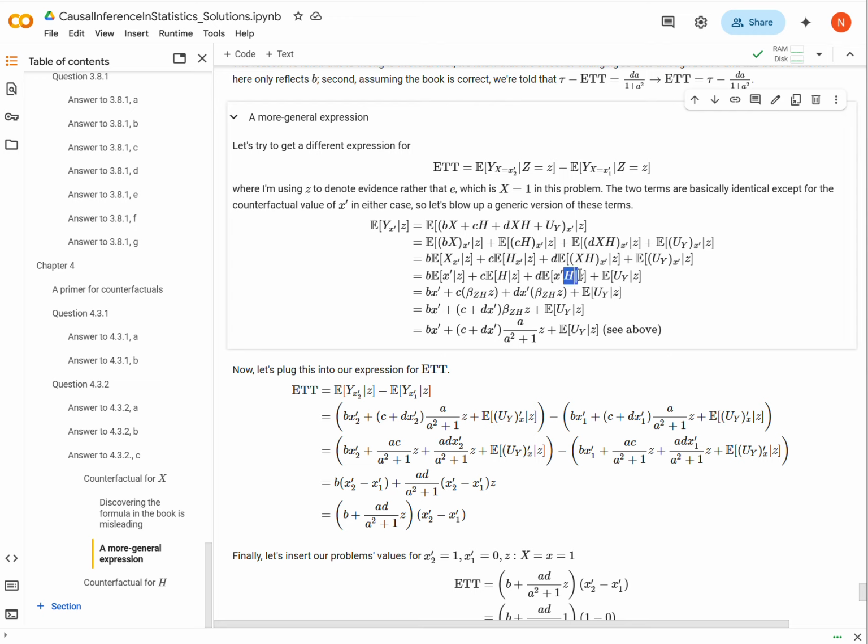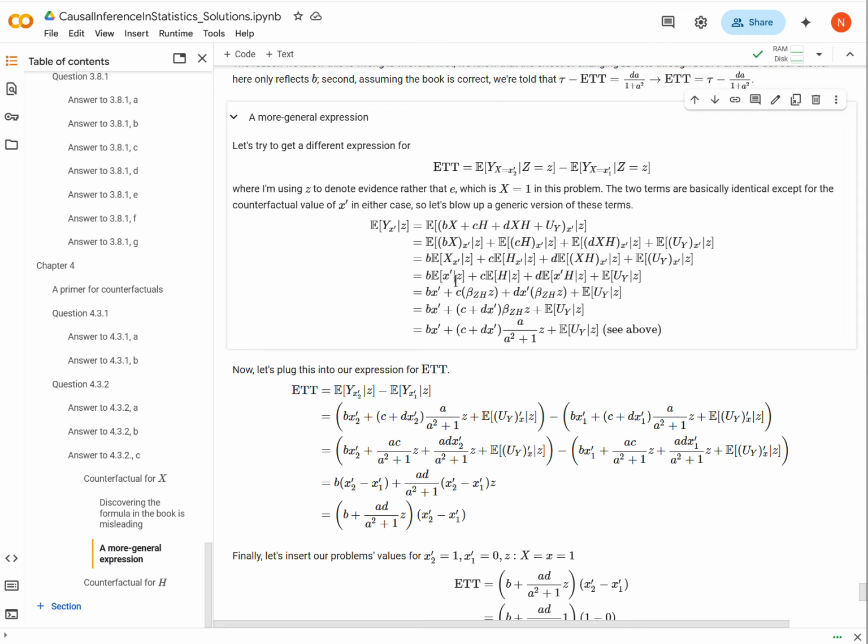I have the expected value of h given z, so I'm going to take the x prime out of all of that, because the expected value of an established value is just a constant, so it can come out of the expectation operator. And then the expected value of h given z is again beta zh times z. And then I have my error term here given z.